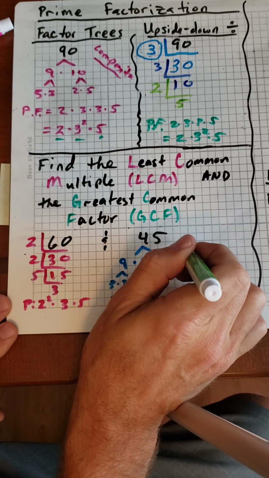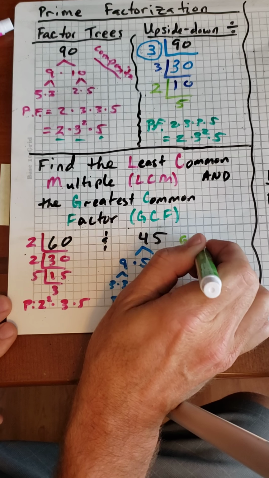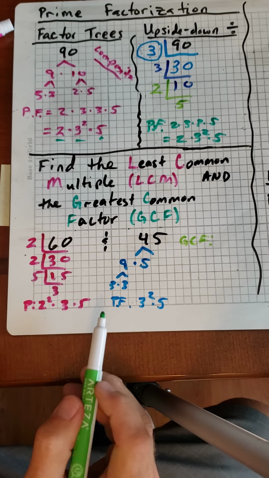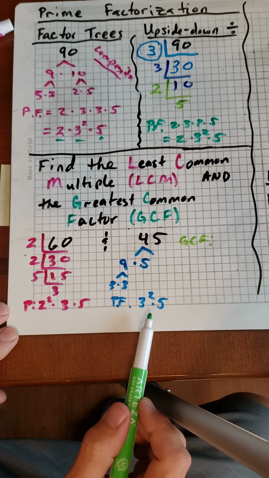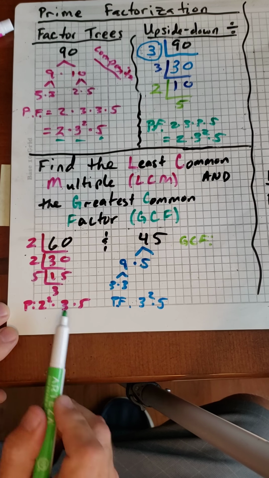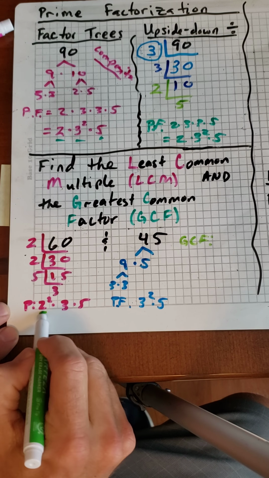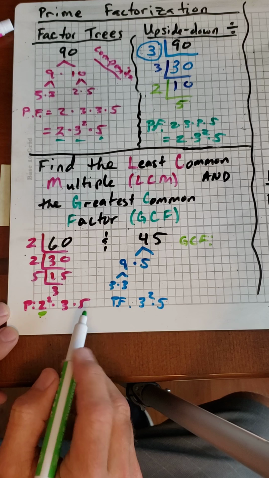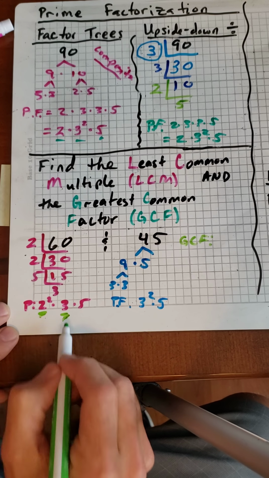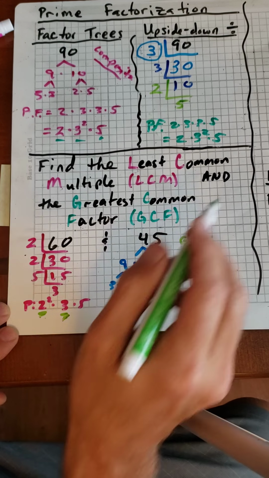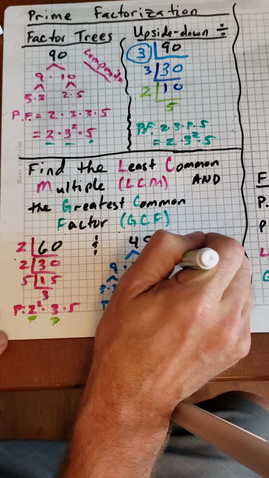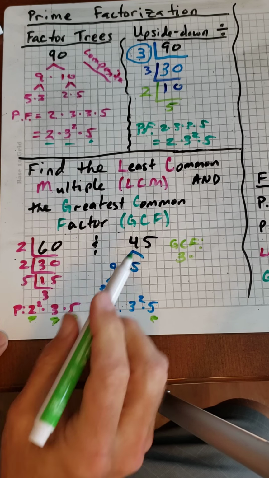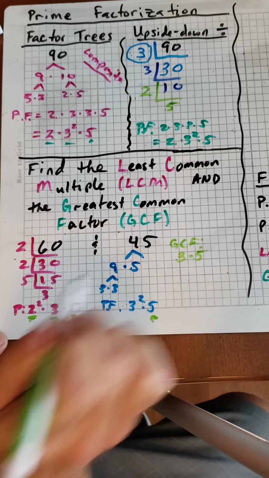So for the GCF, for the greatest common factor, I'm looking for numbers that are in common to both, okay? So I see I have a 2 here, a factor of 2, but I don't have a 2 over there. So I'm not going to use 2. I have a 3 here, and I have a 3 here. So that means I'm going to use a 3. Okay? Then I have a 5 here and a 5 here. So that means I'm going to use the 5.